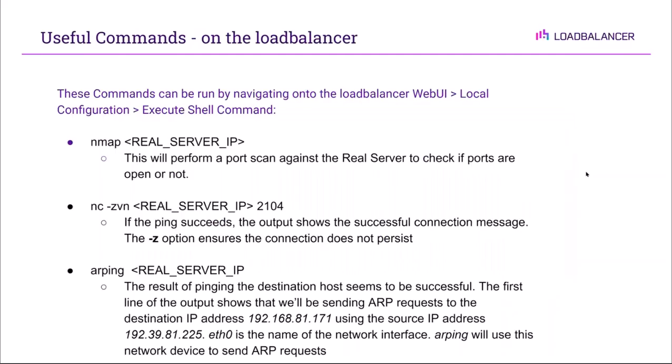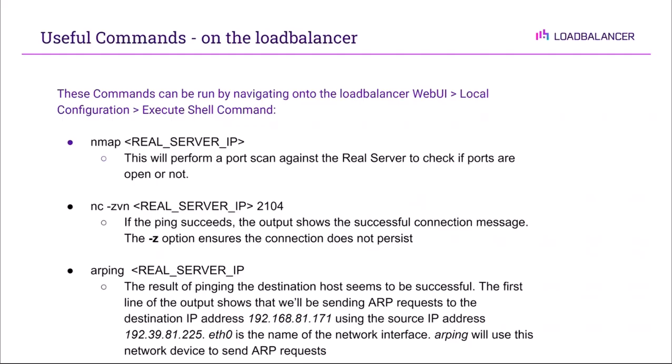As mentioned before, we will discuss some commands that can be used on the load balancer as well as on the real servers, starting with those on the load balancer. For example, nmap is included on the load balancer. Nmap allows you to scan ports, and in the simplest form, you can just do nmap and the IP of your real server, and this will list the ports that are open on that real server.